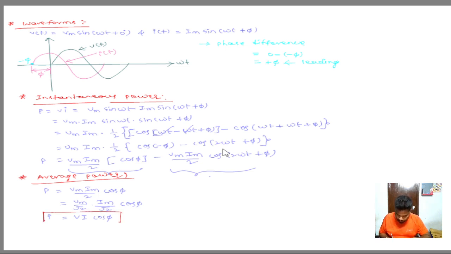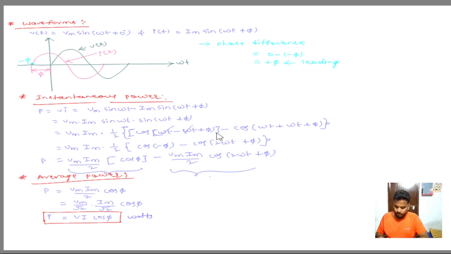P average is equal to Vi cos phi. We know that Vi cos phi is nothing but real power, in watts.